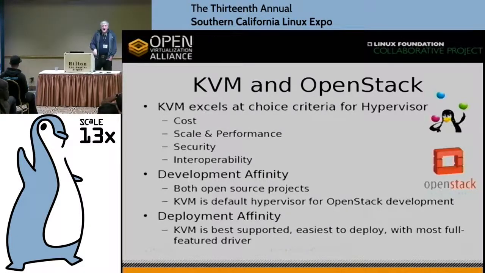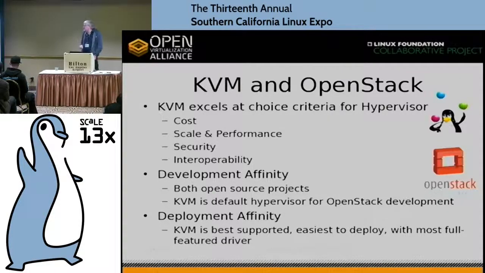When you have tens of thousands of nodes and tens of thousands of servers, you want the hypervisor to be low cost because you're having to multiply everything by 10,000 or 20,000. And KVM being open source fits in with that very well. We've looked at the scale and the performance benchmarks in this, and we've looked at the security. And again, those are two key things needed there.